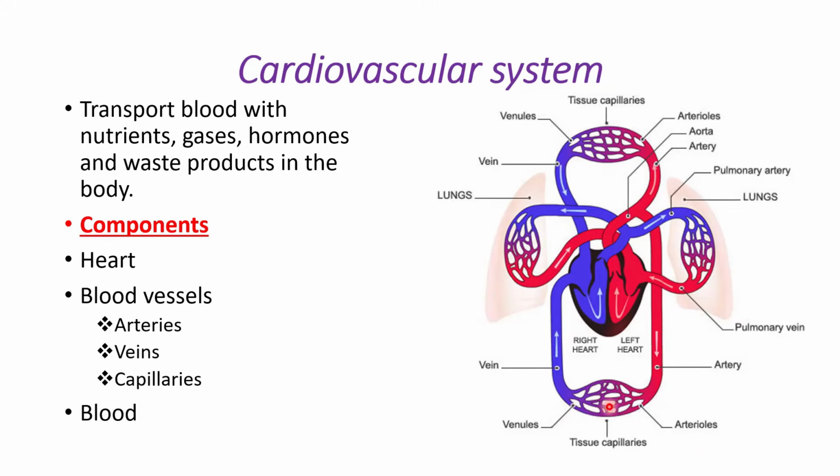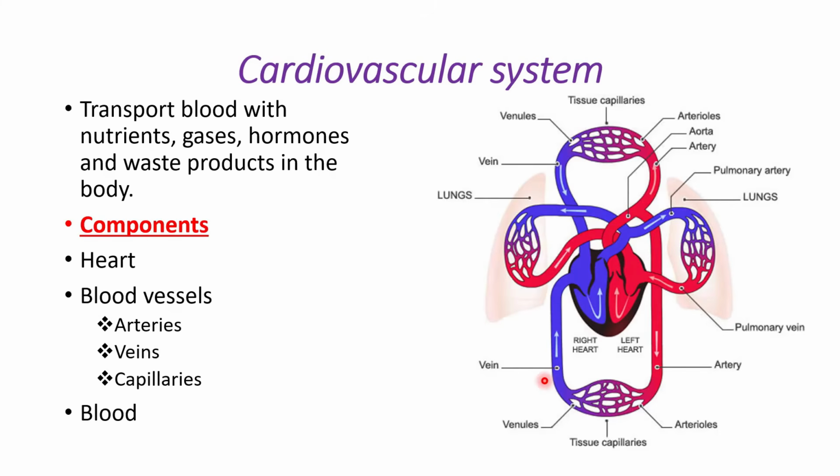So these are the tissue capillaries, the arteries, the veins, and this is the circulatory system in biology. In biology, we call it the circulatory system, but in anatomy, we call it the cardiovascular system.